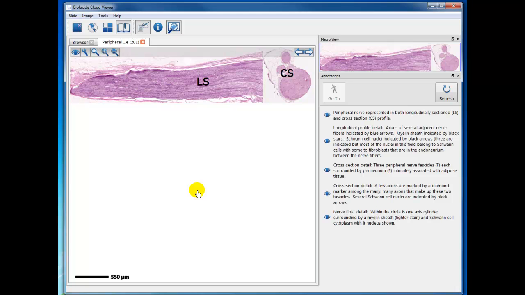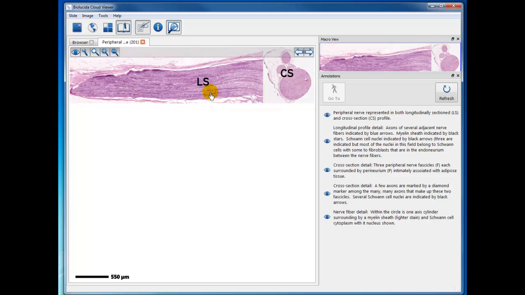And nerves in the body have names like the median nerve, the ulnar nerve, the femoral nerve. In gross anatomy, one learns the names of these nerves, but we're looking at the histology, and here the long profile is a longitudinal section of a peripheral nerve, and over here is a cross section.